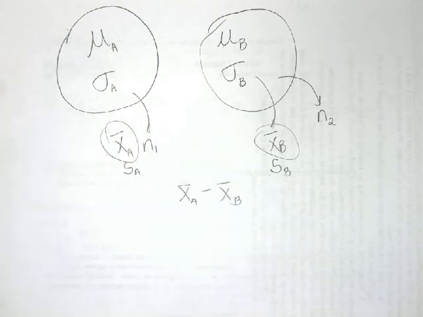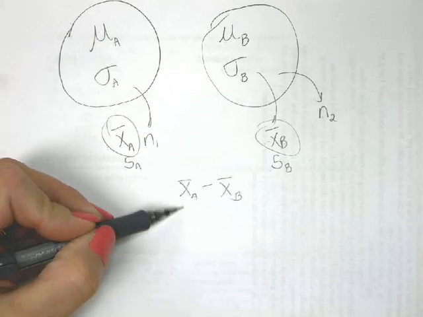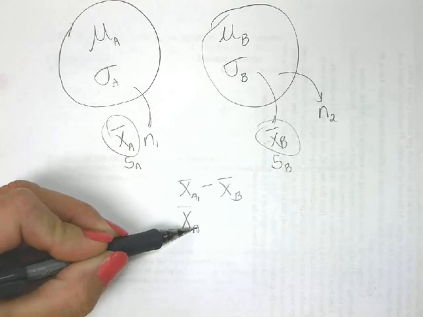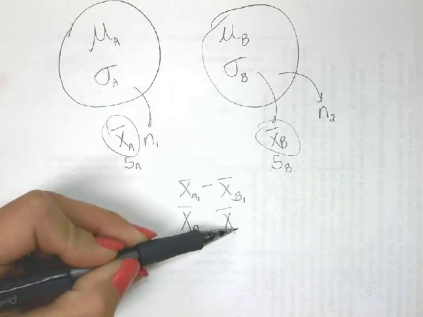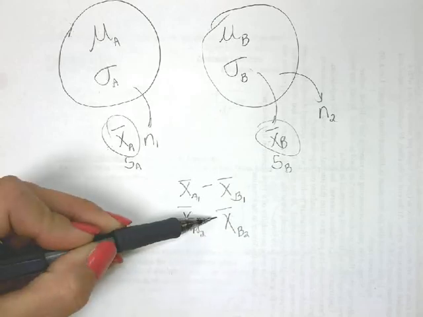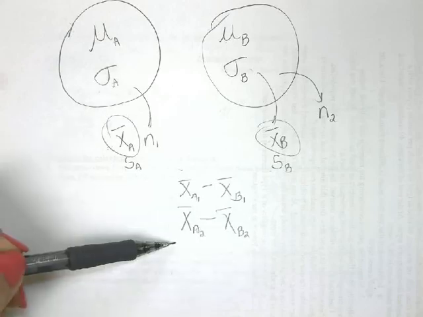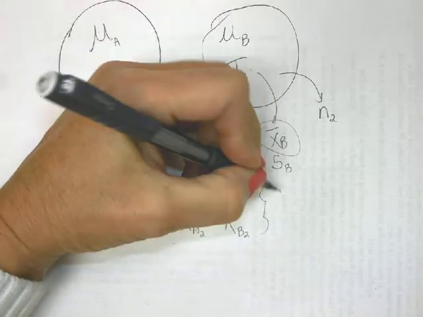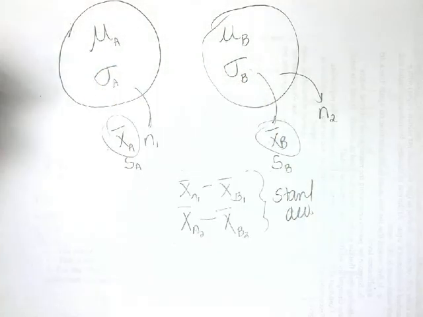If I do that again, taking another sample from each population, I'll call them A1 and A2, and they're independent, and I subtract them, we know that this difference and the previous difference are likely to be different. We want to know what the standard deviation would be for the differences in our new sampling distribution.